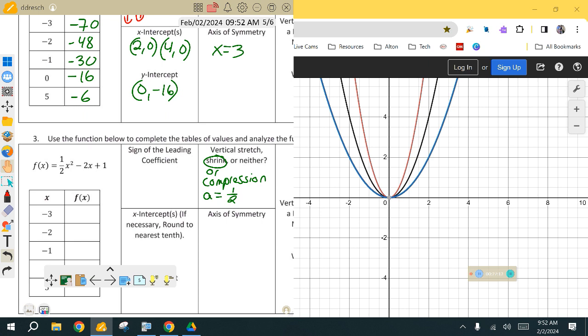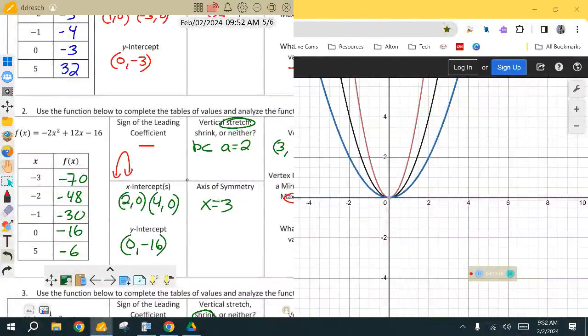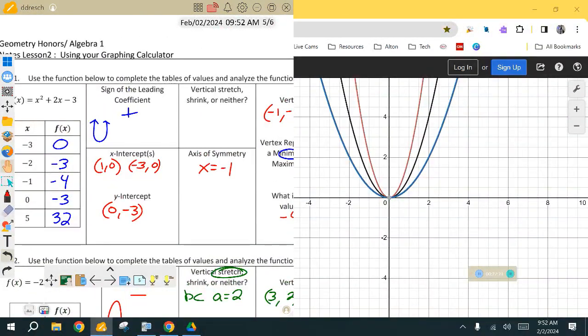Okay. So your baseline is 1. That is considered to be neither, because A is 1. Everything that we did yesterday, A was 1, A was 1, A was 1. That's your baseline. Once it's not 1, it's either a stretch or a compression. Those are your 2 options.